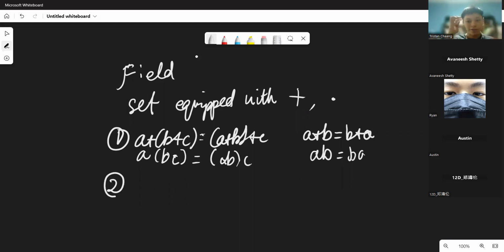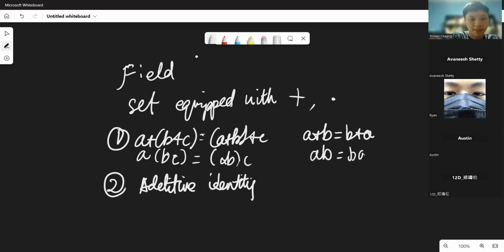And then second of all, you have what we call additive identity. Let's say this field is called F, or this set is called F. There's an additive identity inside called 0, or actually, again, this is just a name.